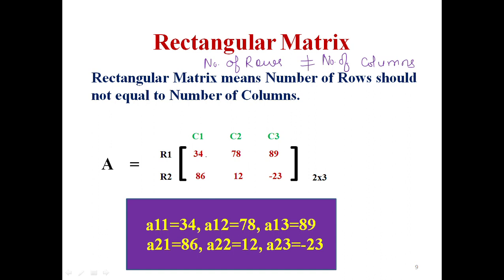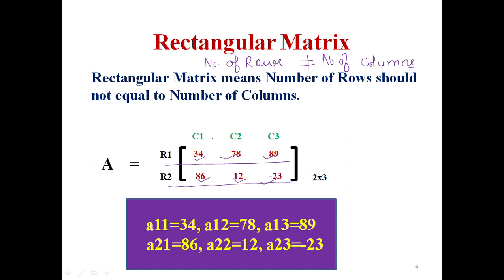Example, we have given 34, 78, 89, 86, 12, minus 23. 34, 78, 89 is given in the first row, and 86, 12, minus 23 is given in the second row.